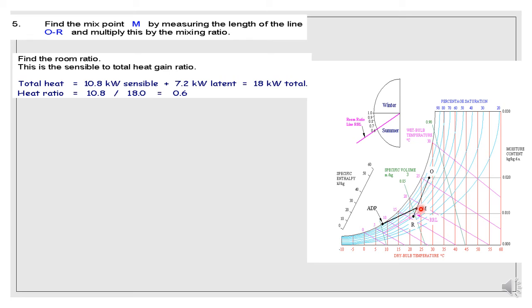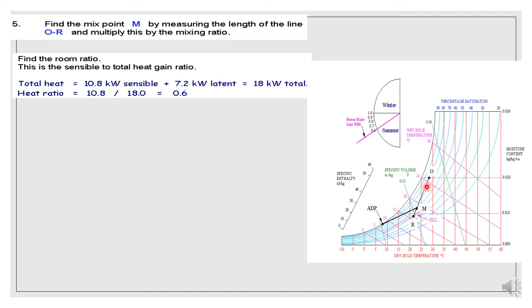Sorry, this is quite wrong. The point should be a little bit here, because we have 20% outside air and 80% room air, so approximately here. And then just find the room ratio.